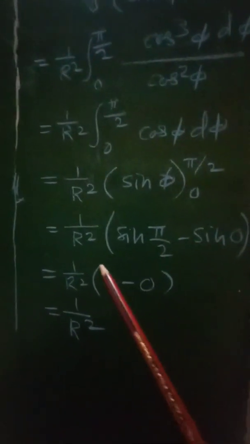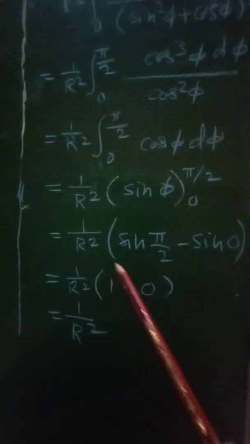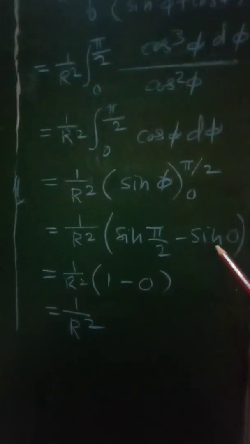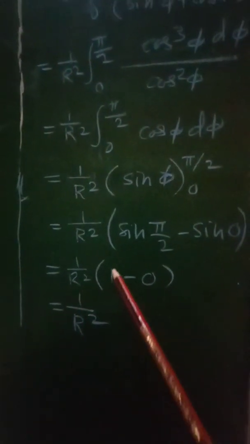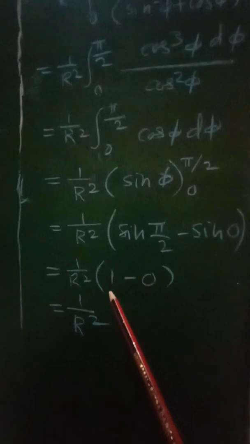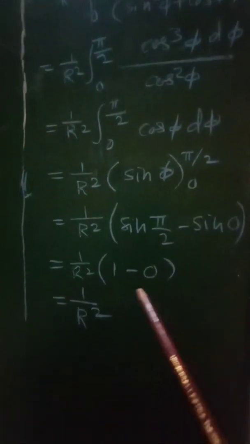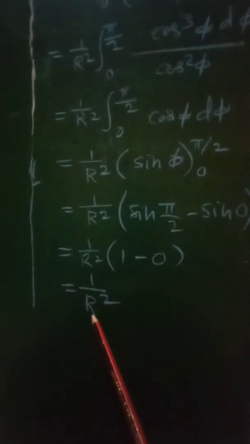Now putting the upper and lower limits of integration, we can write 1 by R² into (sin pi by 2 minus sin 0). Sin pi by 2 is 1, sin 0 is 0, and that will be equal to 1 by R².